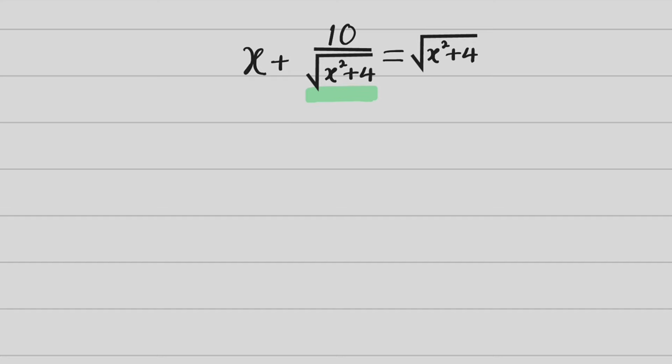To clear the fraction, we are going to multiply each term by this root of x squared plus 4. So let's go ahead and do that.